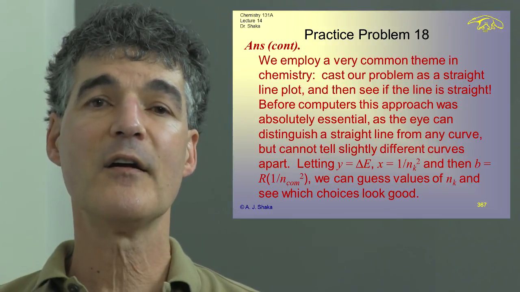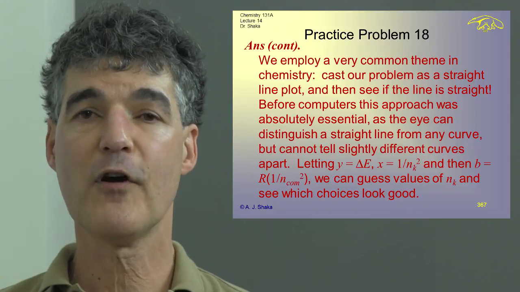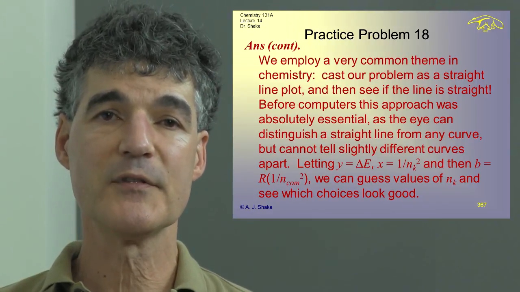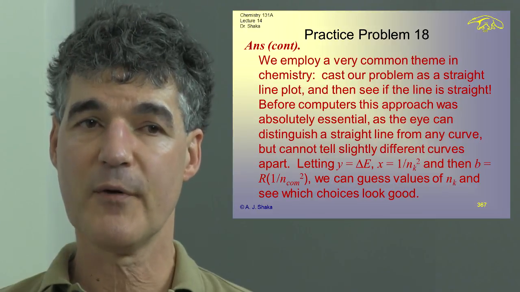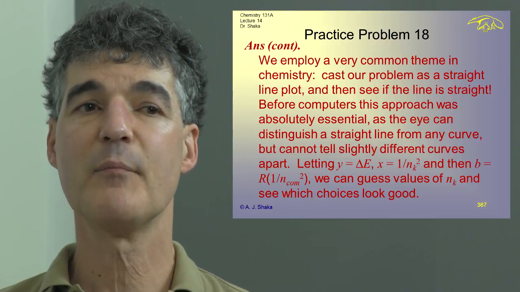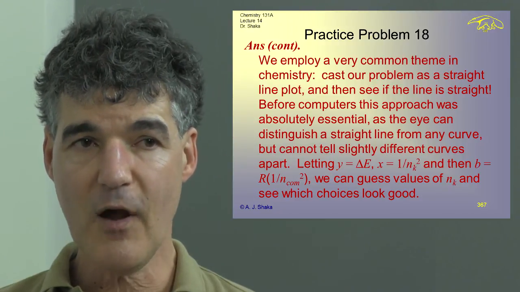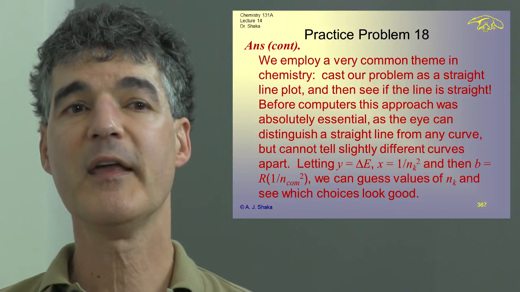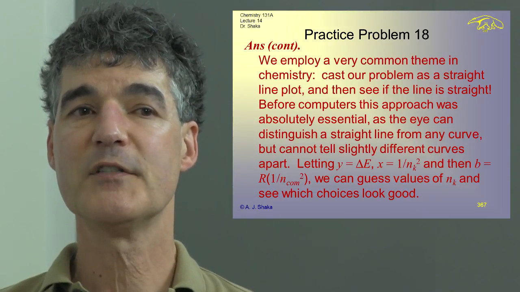We can cast our equation into a straight line form by letting y equal delta E, letting x equal 1 over n squared, and then letting the intercept b equal 1 over, R over n common. We can guess values of nk and see which look good.